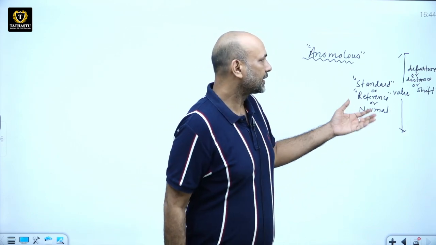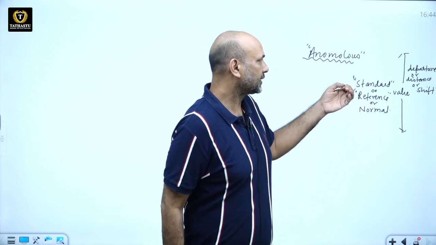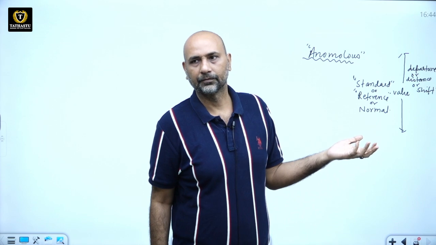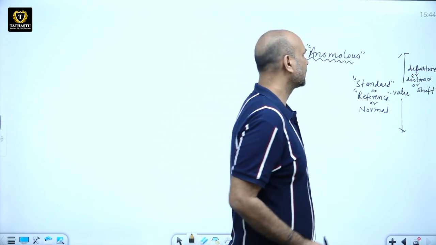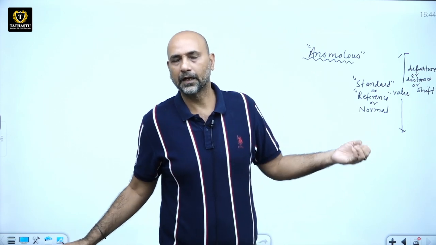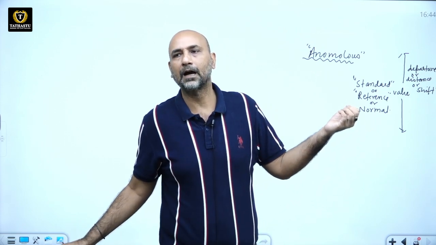So that departure or distance or shift from standard value or reference value or normal value is described as anomalous condition. In the context of this question, it is anomalous temperature.